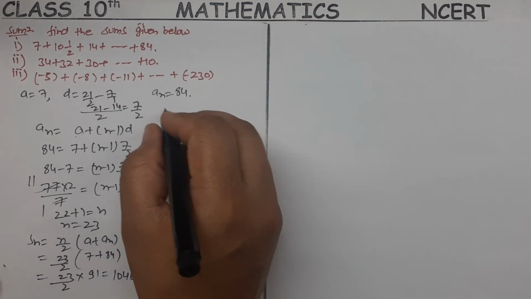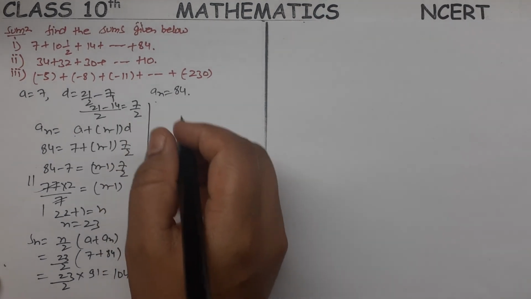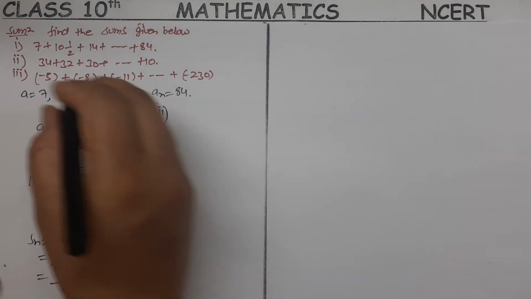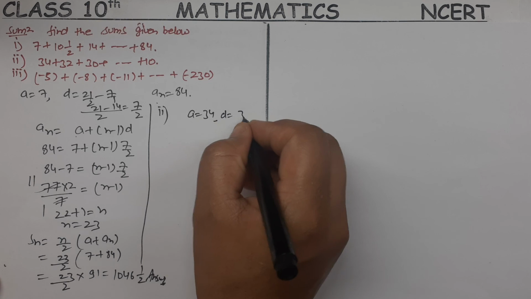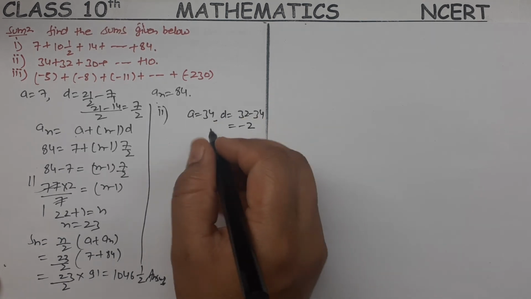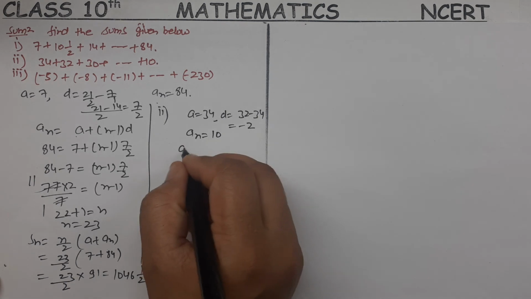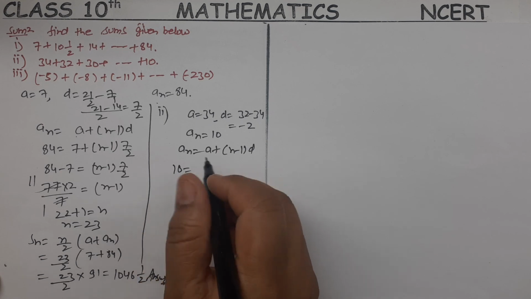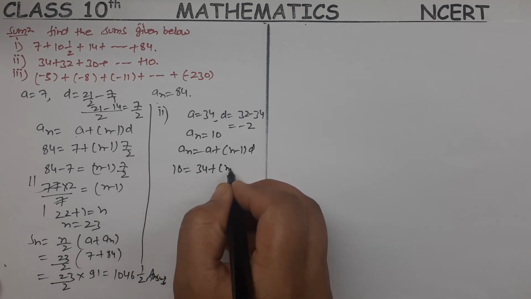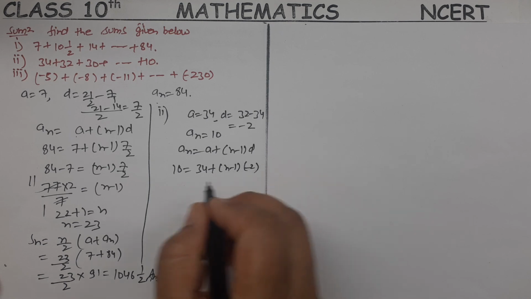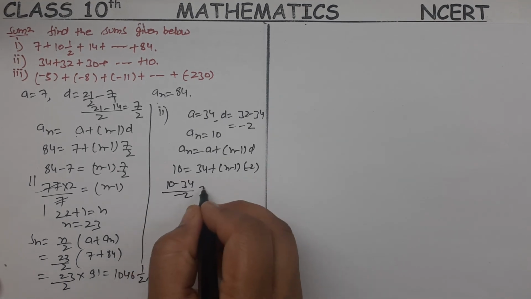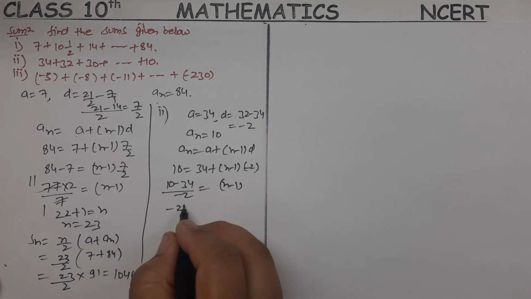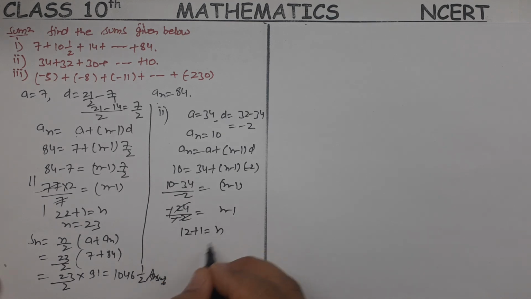Now the next is part second. A is 34, d is 32 minus 34, which is minus 2, an is 10. Formula. Here n is 13. Now we will find Sn.